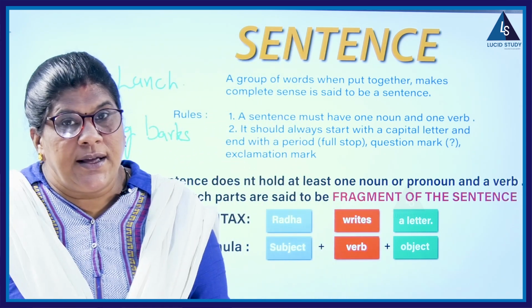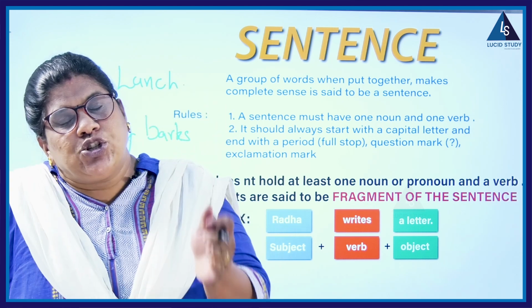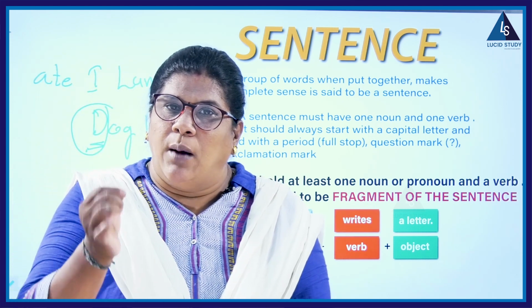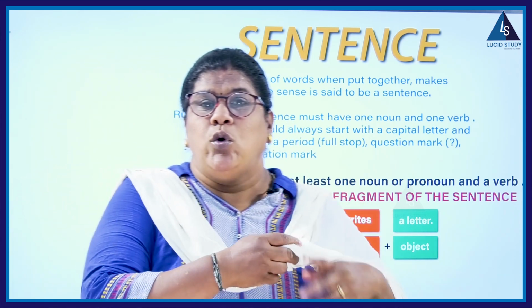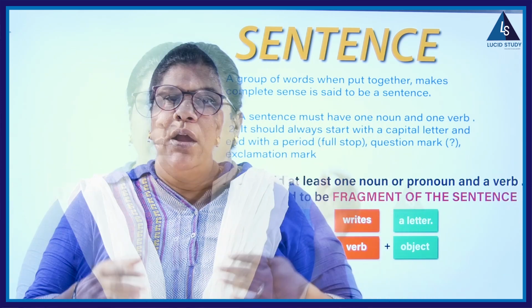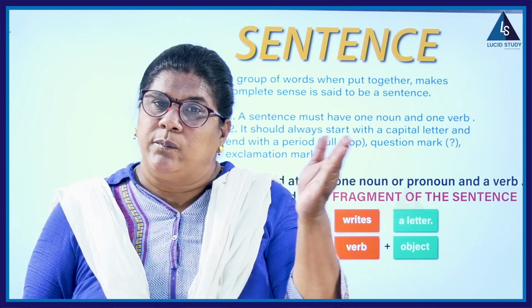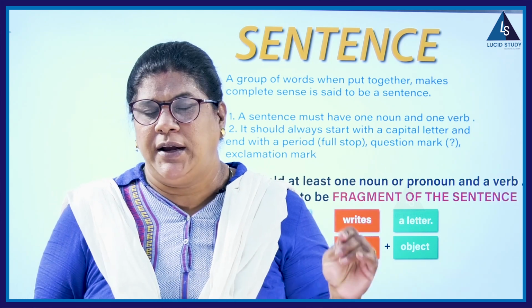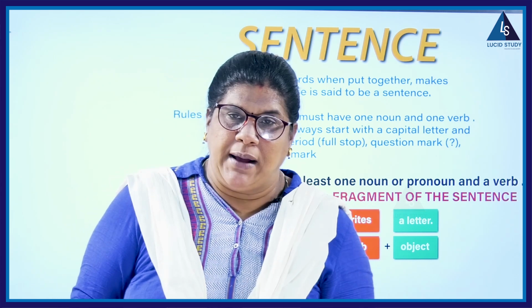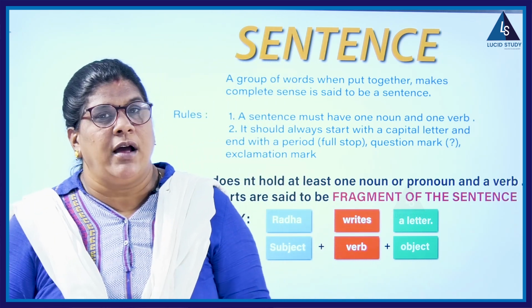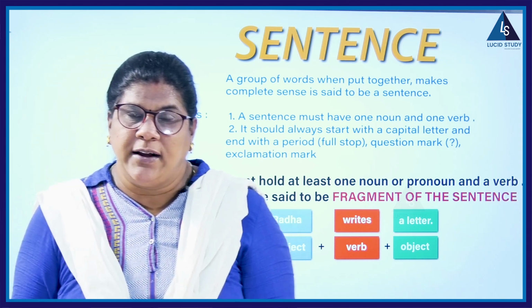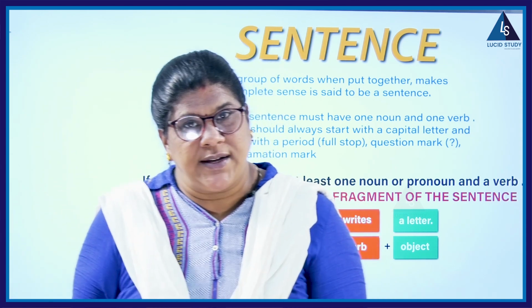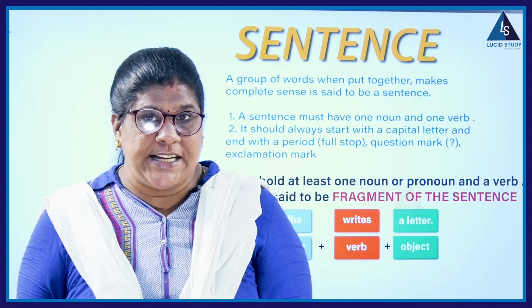If it is not ending, if it is a pause, the pause should be marked with a comma. As I said, the sentence should have a minimum of one noun and one verb. In the same manner, when your sentence does not have a noun or verb, it is said to be a fragment of a sentence, or you can call it parts of the sentence.